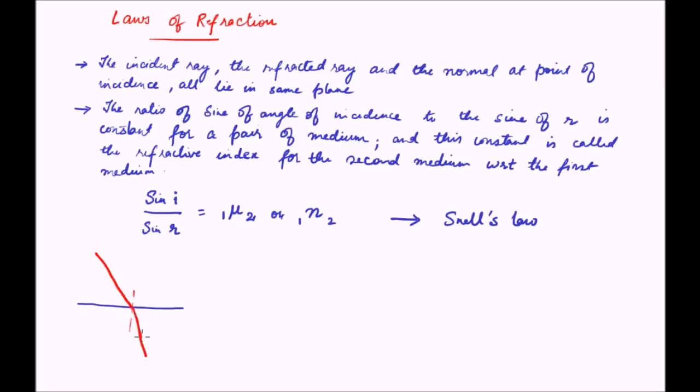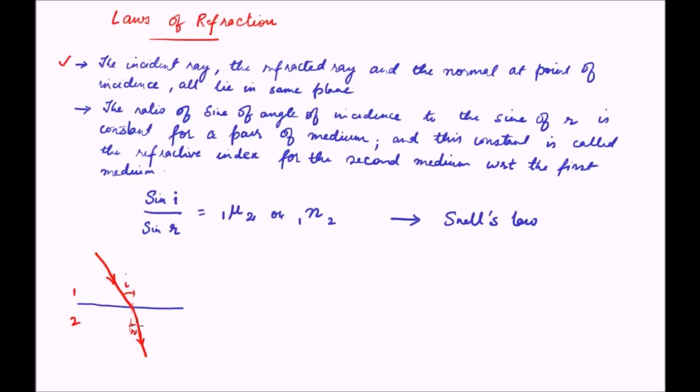The second law states that the ratio of sine of angle of incidence to sine of angle of refraction is a constant called the refractive index. So basically, sine of angle of incidence to sine of angle of refraction for medium 1 and 2 can be defined as mu 1 2.